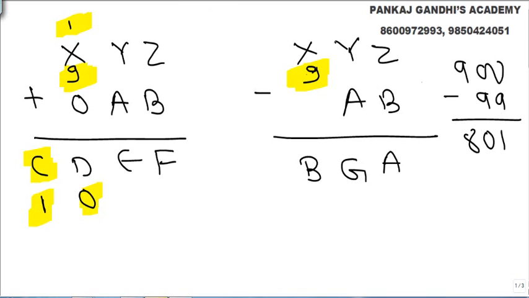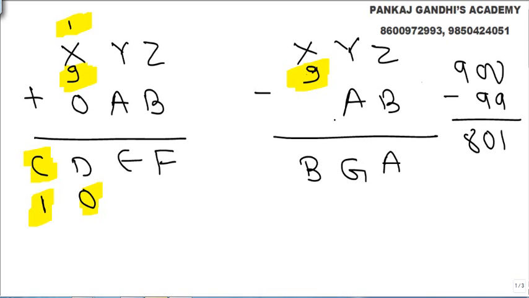Look now, if Y is more than A, 900 something minus this, we will get again here 9. This will happen if Y is bigger than A, we'll get B also 9, X also 9. It's not possible.